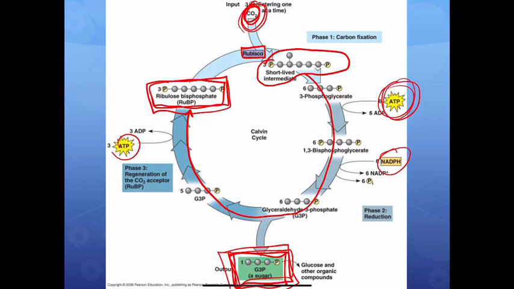These are not outputs, these are inputs. These are used in the process. These came from the light reactions, okay? All of these came from the light reactions. And they are used in the dark reactions.